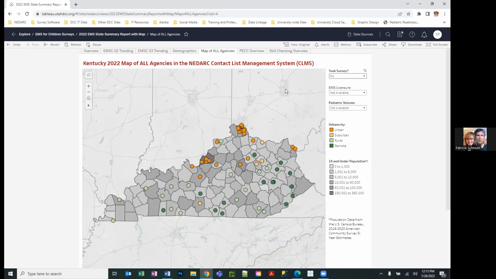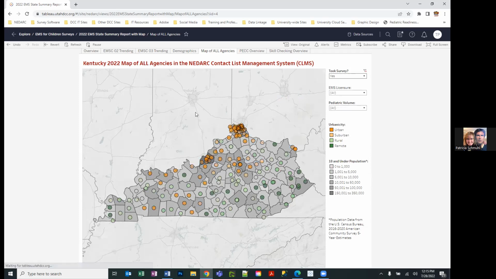So I am missing some data in an area that I was able to look at by looking at those that did. So there is quite a big area here that I don't have any information about. So it can help you maybe know how to focus your efforts for this upcoming year. So I'm going to uncheck this filter, which you do by going on this little funnel and clicking it, and it will go back to all.